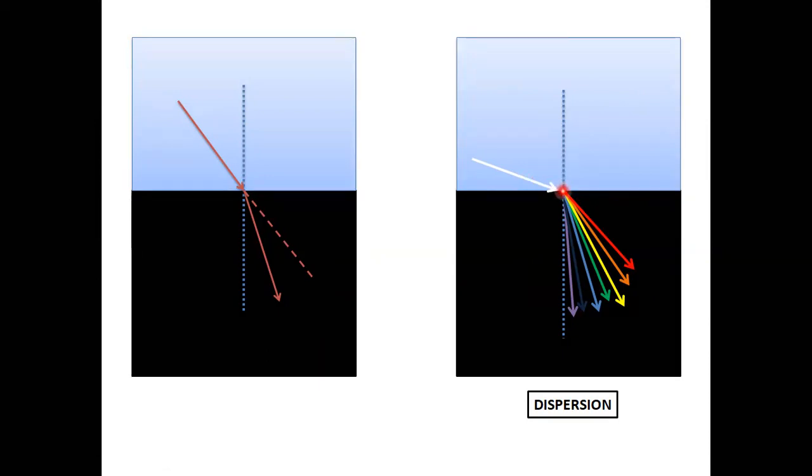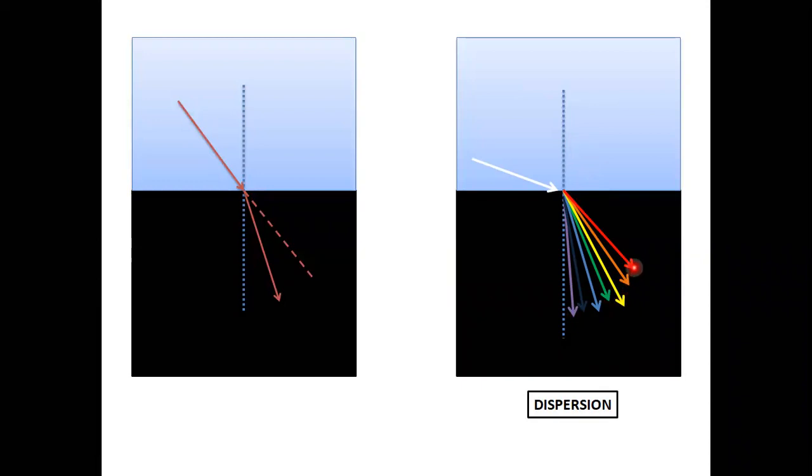When this white light moves from medium 1 to medium 2, something phenomenal happens: all the different wavelengths get split, and all the colors have different angles of deviation. We can see that violet is deviated the most, red is deviated the least.